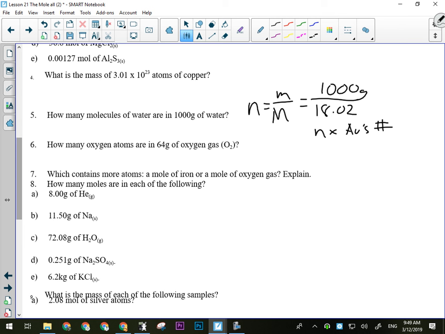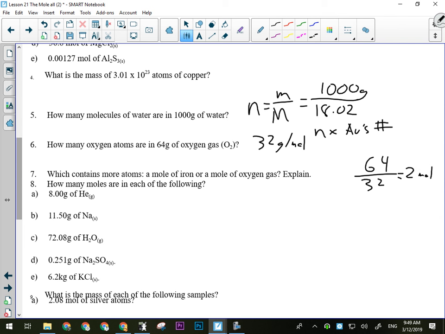If I find out the molar mass of oxygen gas, it's 32 grams per mole because every oxygen molecule has 2 atoms in it. To figure out how many moles that is, I take 64 grams and divide it by 32 grams per mole, and I find that there are 2 moles.